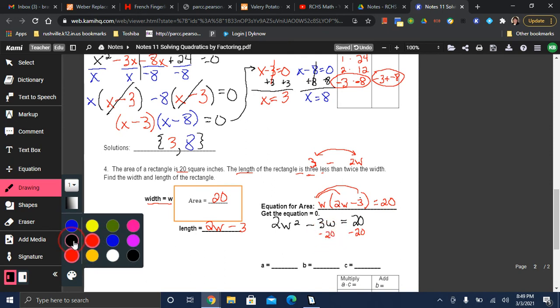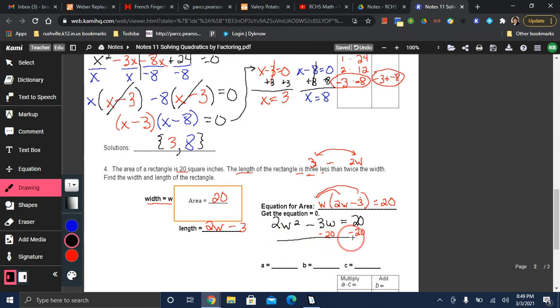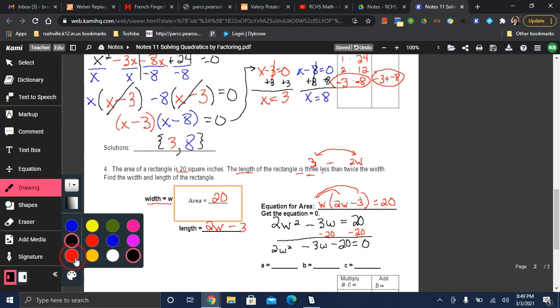And notice that I do not have like terms. So I'll just write 2w squared minus 3w minus 20 equals, and then these cancel to give me 0. And now I've got it equal to 0, and I've got it in order.